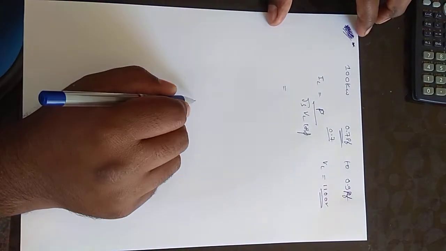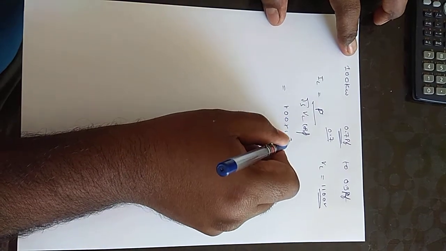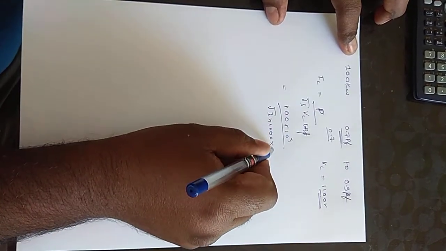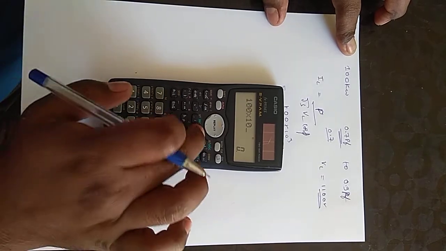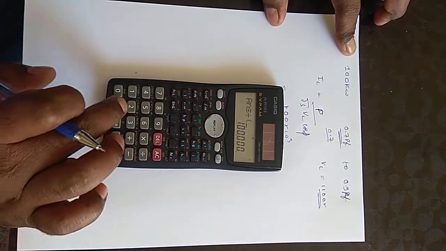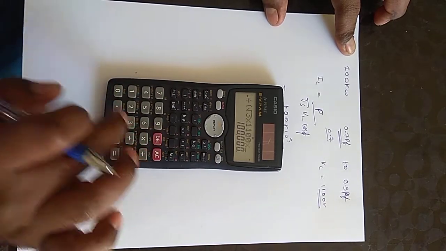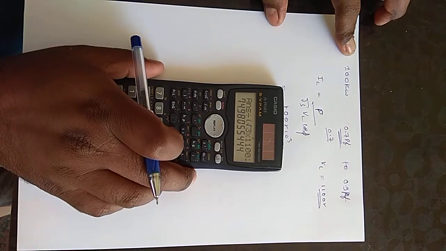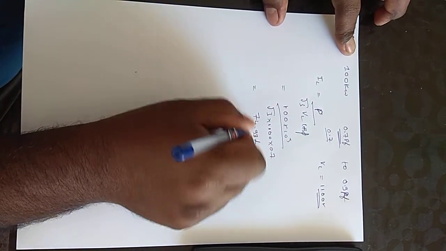So for a 100 kilowatt motor, 100 into 10 power 3 divided by root 3 into 1100 into 0.7. That is 74.98 amps.